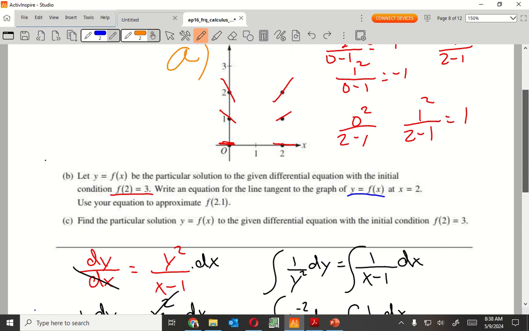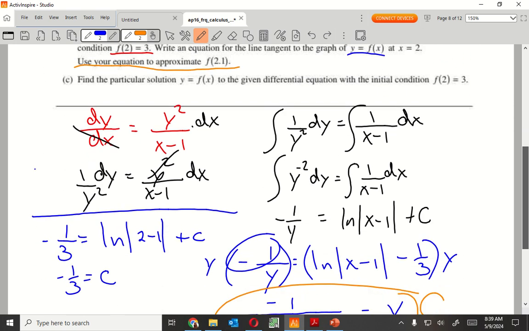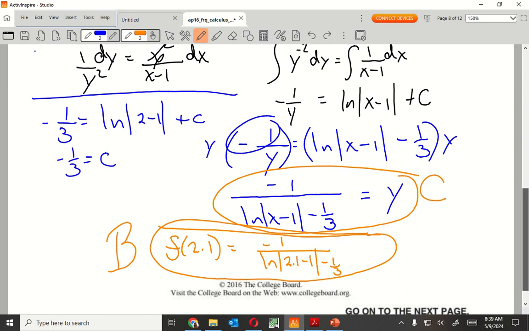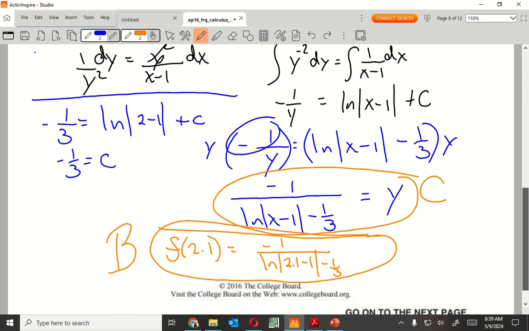What was the other thing then? So right here, particular solution, we got the answer 3.9. That one goes with this. Use your equation to approximate. Oh, okay. So that's part of B. Because I did C first, and that's what this was.